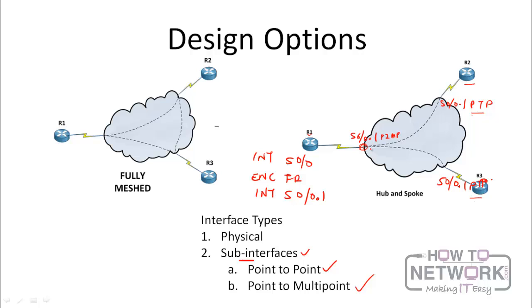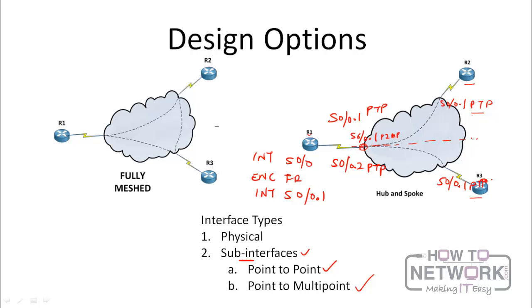Now we can have a scenario where we actually split the interface of R1. So instead of having one point-to-multi-point subinterface, we can have two point-to-point subinterfaces. So we can have serial 0/0.1, a point-to-point subinterface, and then serial 0/0.2 and another point-to-point subinterface. So technically, we have two interfaces at R1, even though they're sharing one physical interface.